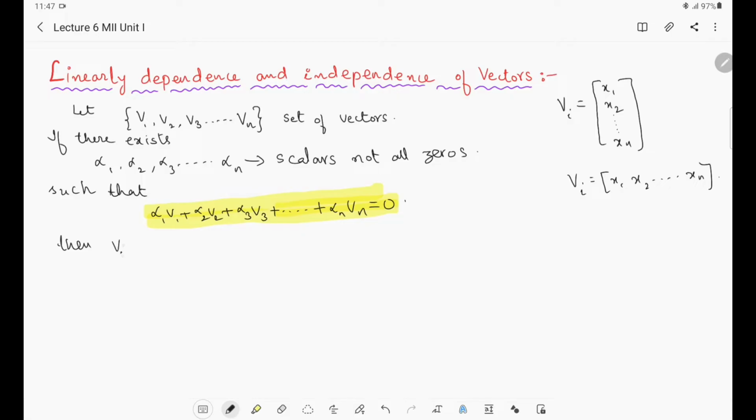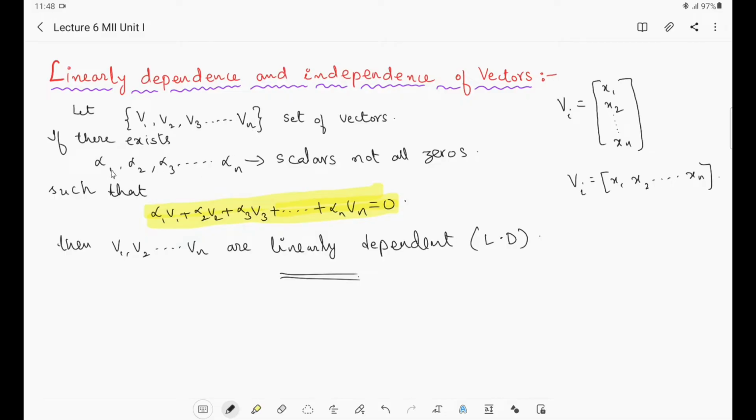these vectors v1, v2 and so on vn are linearly dependent, or in short it is written as LD, linearly dependent. So this is one definition of linearly dependent, right? So when can we say that a few vectors v1, v2, v3 and so on vn are linearly dependent?